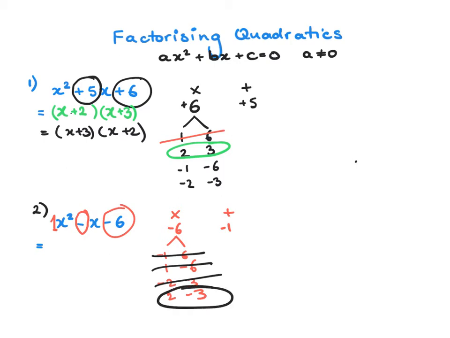Is this one here? And now the next step, if you remember, we just need those brackets like this. And then we're just going to go x plus 2 because it's positive here. And the next one is going to be -3 because -3 is the answer. x take away 3.